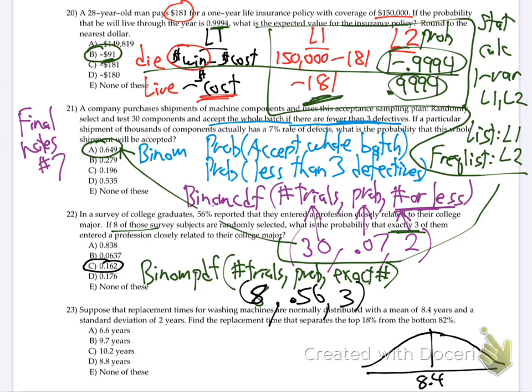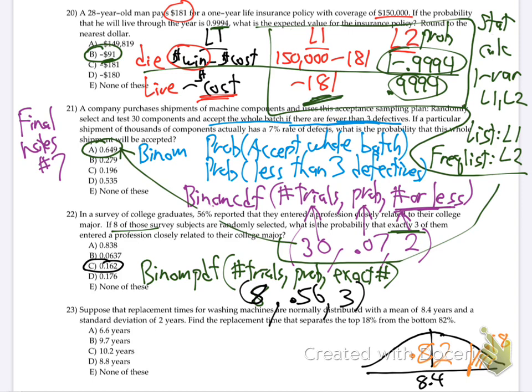And a replacement time that separates the top 18%. Now, what do we mean by top 18%? Percentages always go above the curve, remember? So this is the top 18%. I want to find this time down there that separates the top 18% from the bottom 82%.